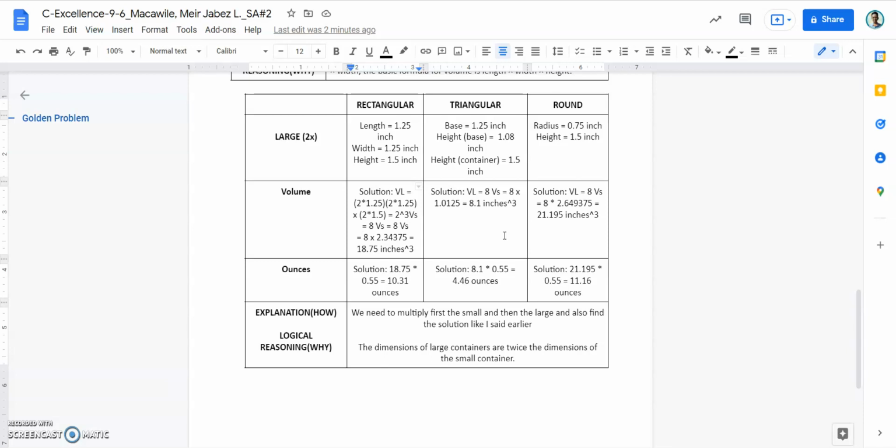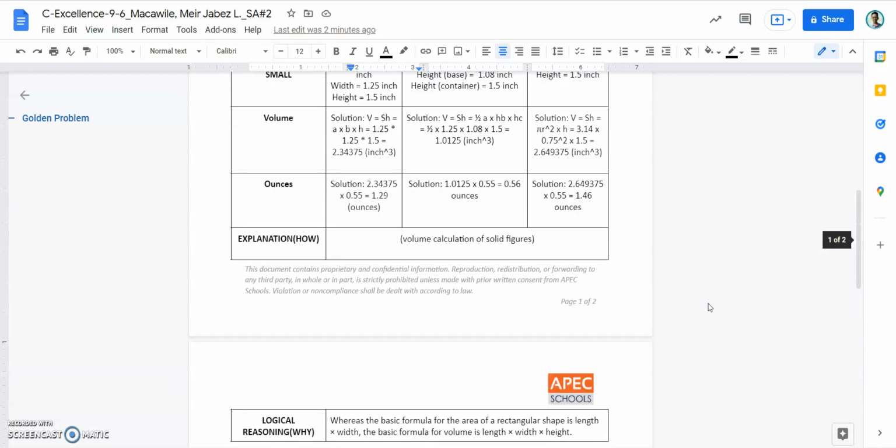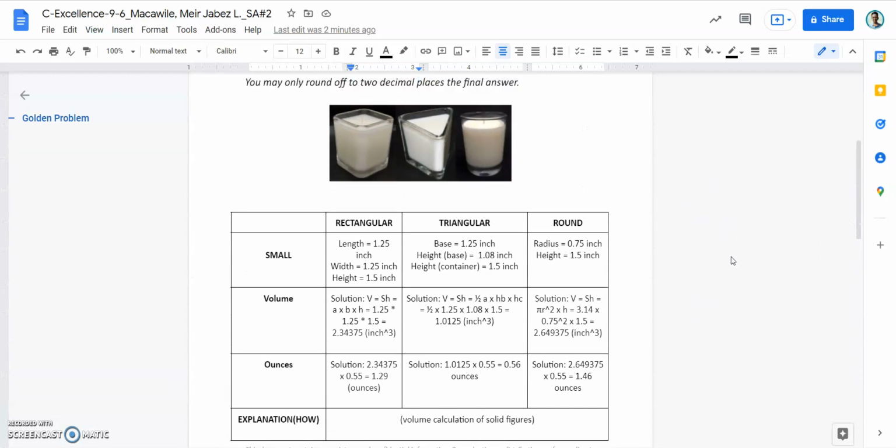Now, we need to find first the small and then the large, and also find a solution like I said earlier for the rectangular, triangular, and round. The dimensions of large containers are twice the dimensions of the small containers. So that's it. Now you have to find all the numbers for rectangular, triangular, and round, small and large. The first step, you need to read the problem.